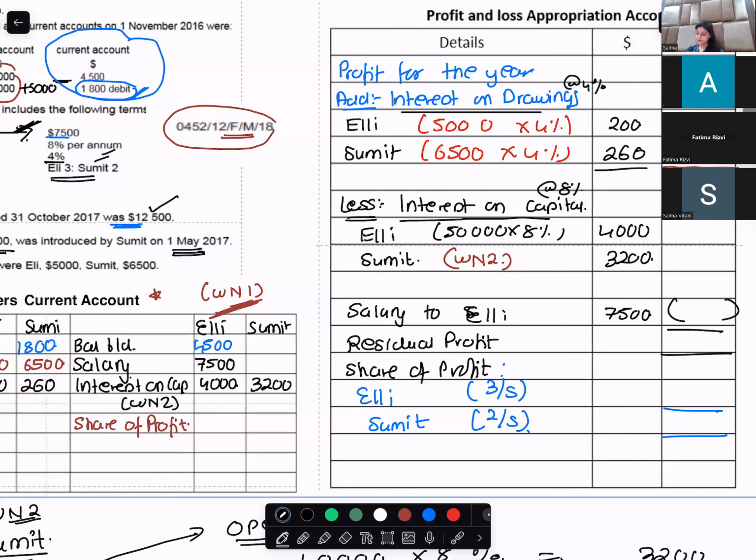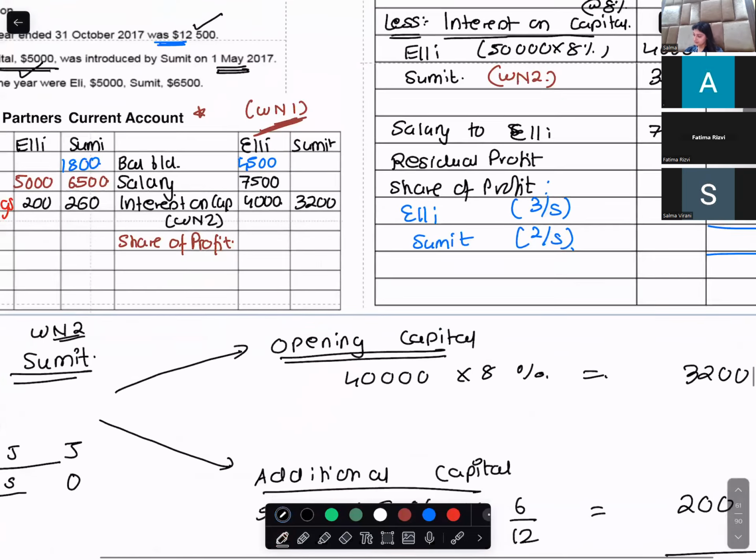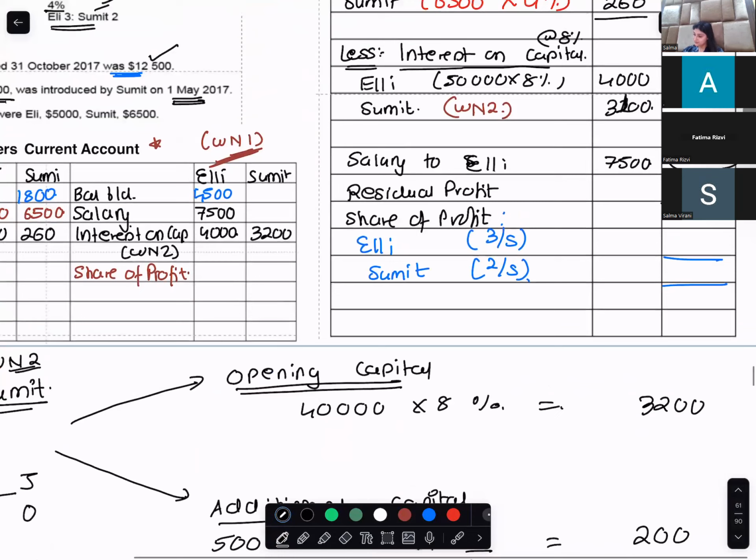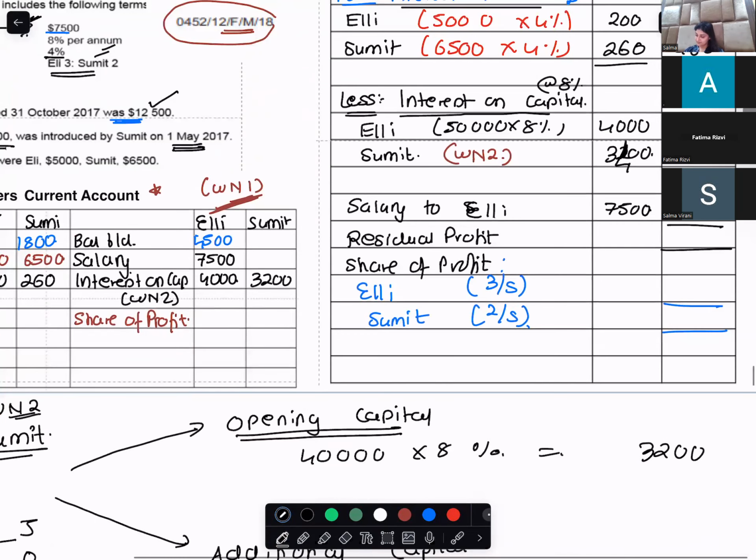So first do the total of all this. 4,000, 1,400, plus 3,400, plus 7,500.